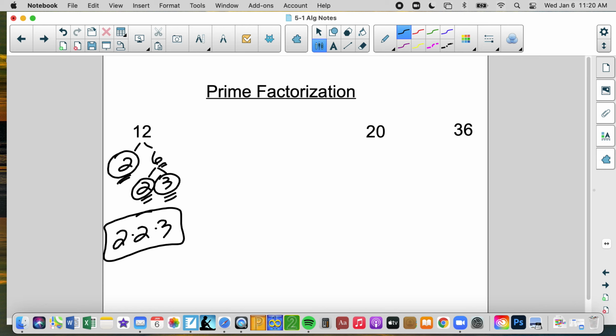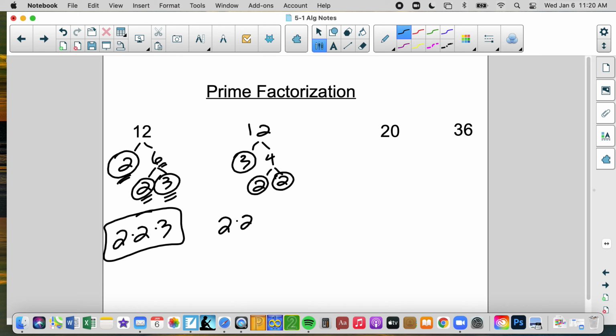Now, here's an interesting thing. What if I didn't pick 2 and 6? What if I picked 3 and 4? Somebody may choose 2 and 6, somebody might choose 3 and 4. Both are correct factor pairs of 12. And so let's do this. 3 is prime, so I can't break that down. 4 is composite, so I can break that down into 2 times 2.